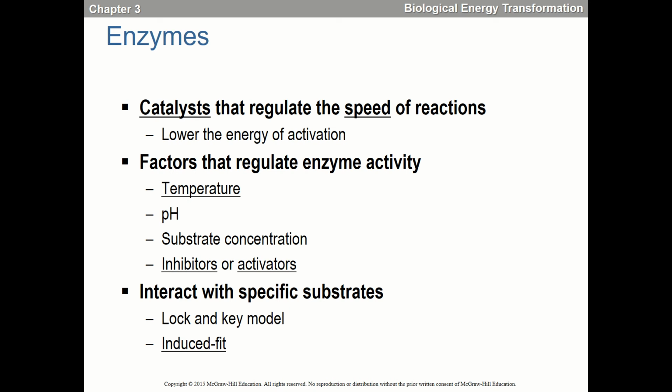Now, there's a couple of factors that seem to regulate how fast enzymes work. So the first one being temperature. So within a particular range, if we increase the temperature of a cell, enzymatic reactions go a little bit faster. Now, there is an optimal range with this.